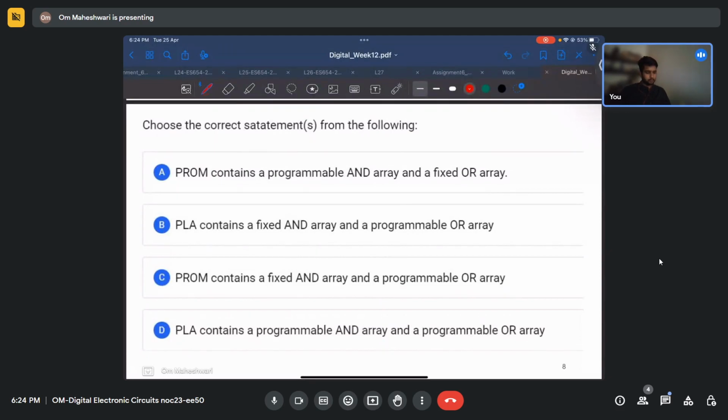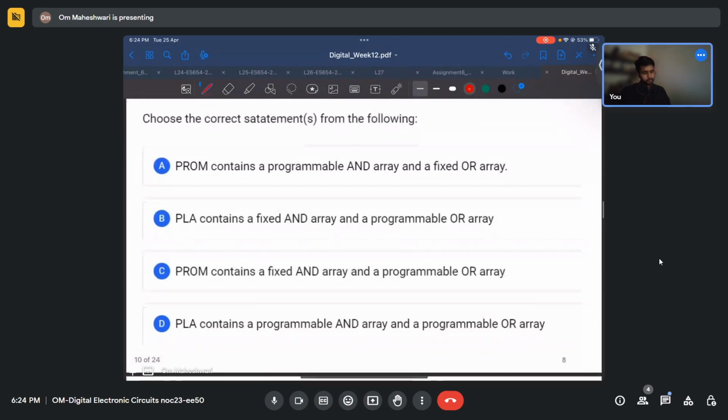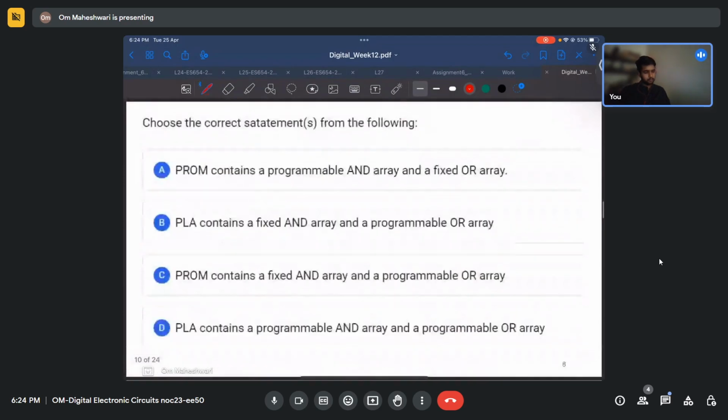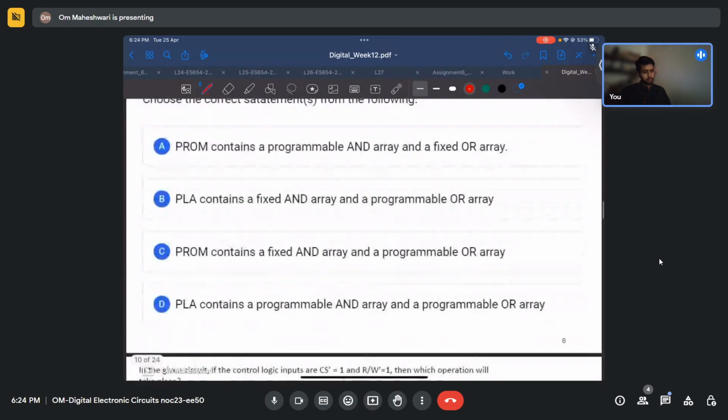Okay, so let us first solve this question. PLA contains fixed AND and then programmable OR. So this is correct and this is correct. So PLA actually contains programmable AND and programmable OR. Both are programmable.